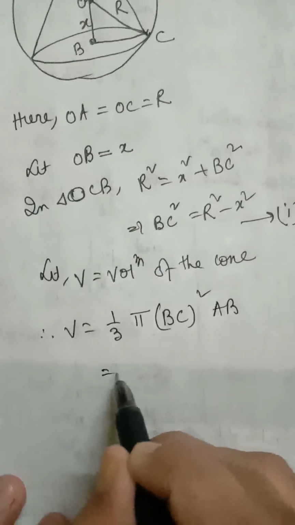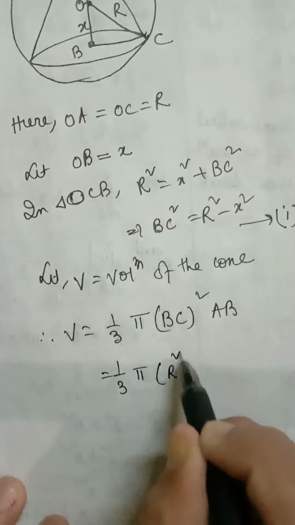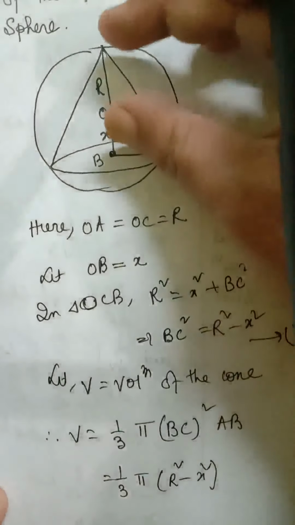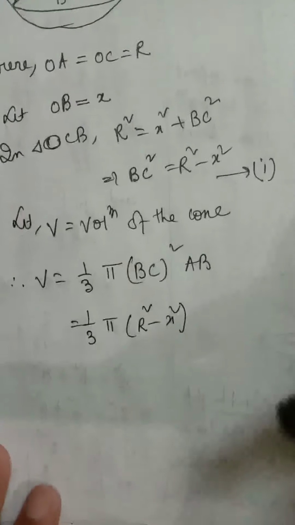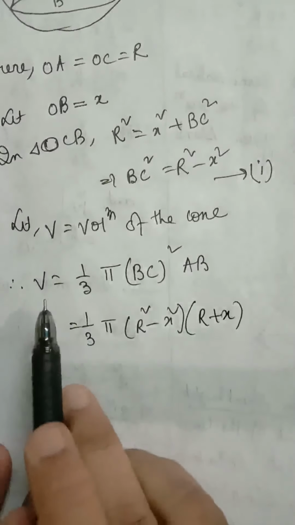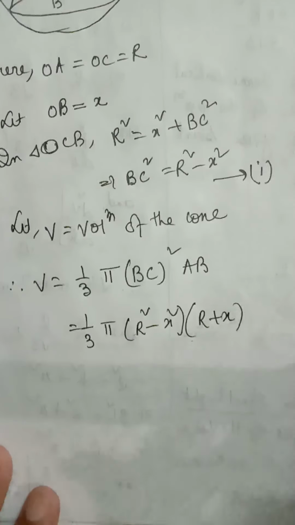Now 1 by 3 pi BC square equals r square minus x square, and AB equals r plus x. You can see we have expressed the volume in terms of the single variable x. So what is the question?